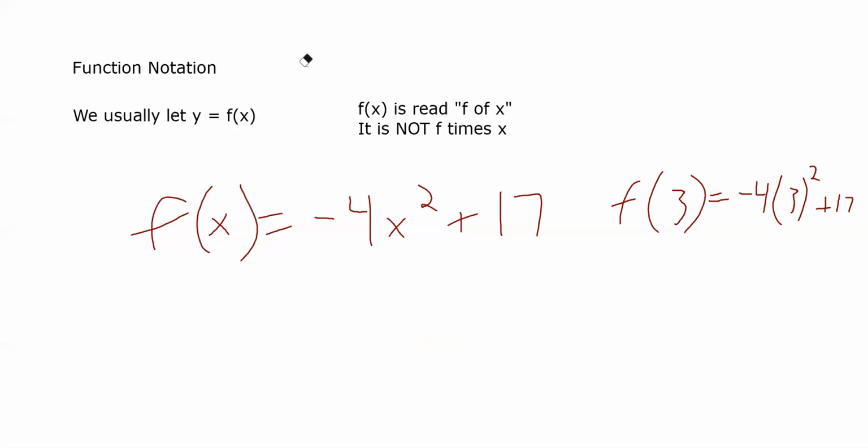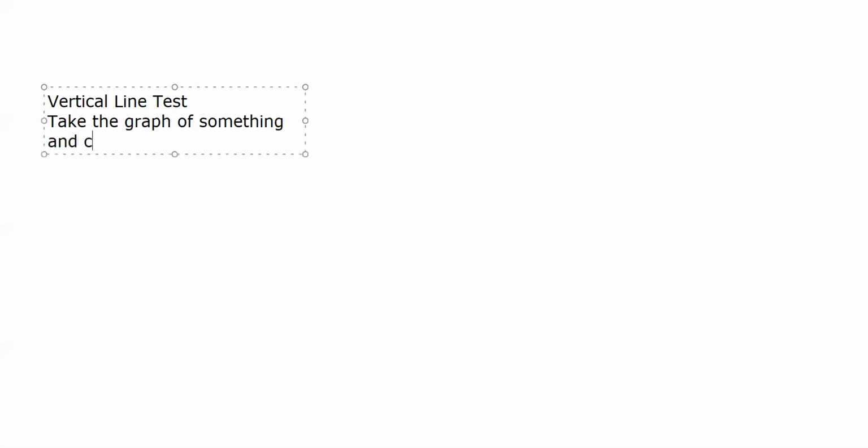In fact, now that we have graduated and we're talking a bit about graphs, I can preview something called the vertical line test. What that says is if you take the graph of something and can run a vertical line across the entire graph and never hit the graph more than once, you have a function.